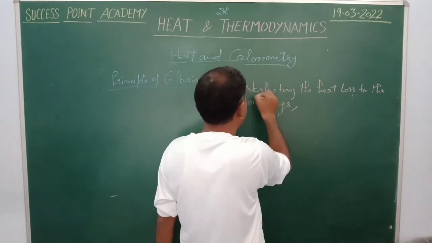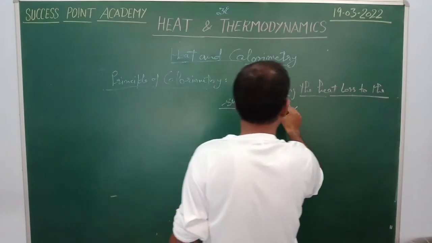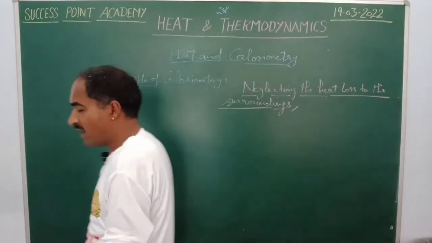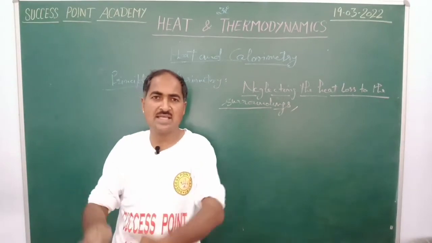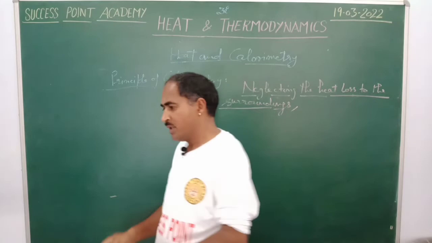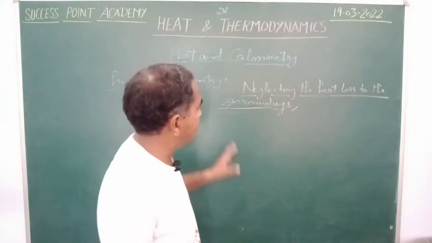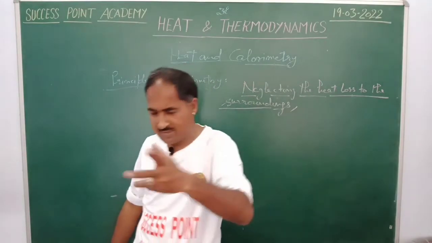This is the condition for this law. We have to neglect the heat loss which has happened during a process or system, the heat loss to the surroundings by a system.